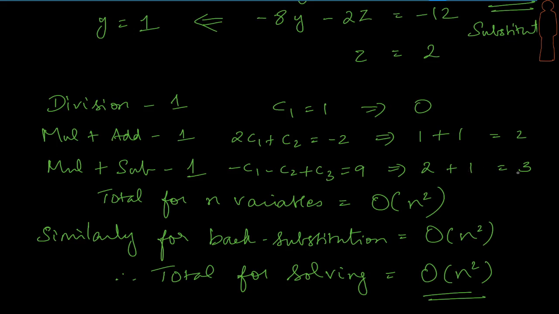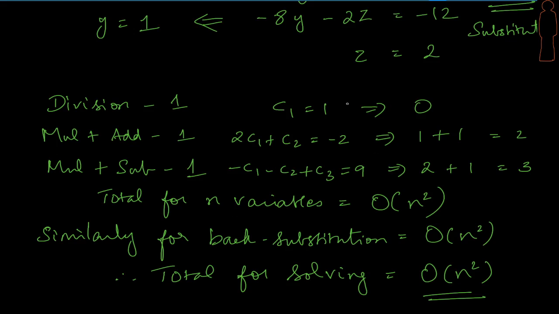So what we are understanding is that when I have two variables, I'm having two operations, and when I have three variables, I'm having three operations, and therefore for n variables, we can generalize. When I say C1, then C1, C2, then C1, C2, C3, then C1, C2, C3, C4, and so on for n equations.